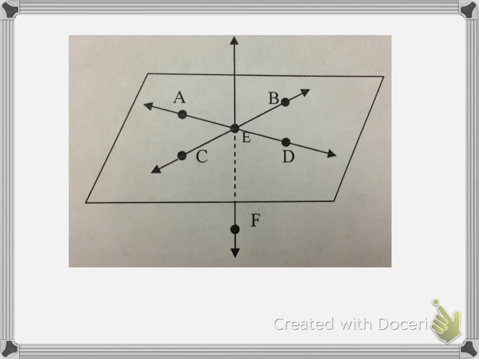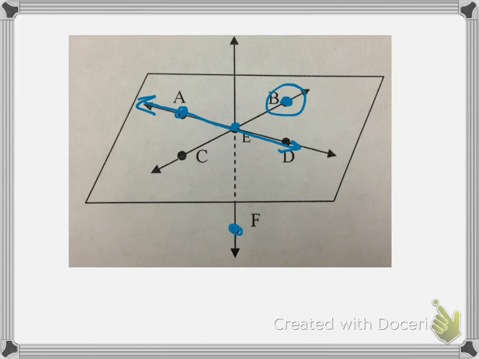Alright, number 5. We've got F, A, E, and B, and it's asking if they're coplanar. I want you to think about something. In order to be coplanar, it has to be 2 points that are collinear and 1 point that is not on that line. So A, E, and B are on the same plane, because A and D are on the same line and then B is not.